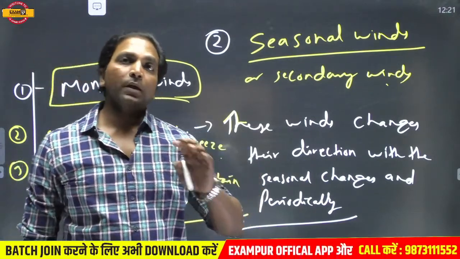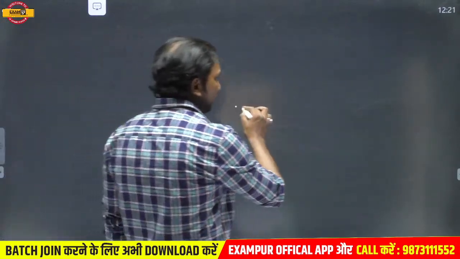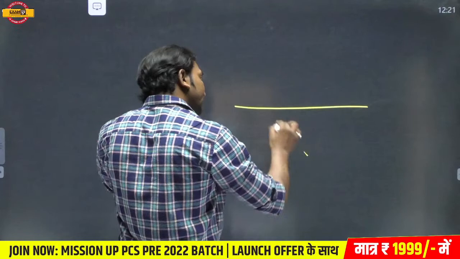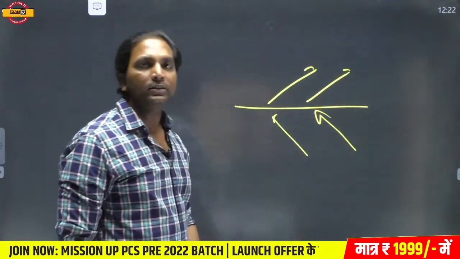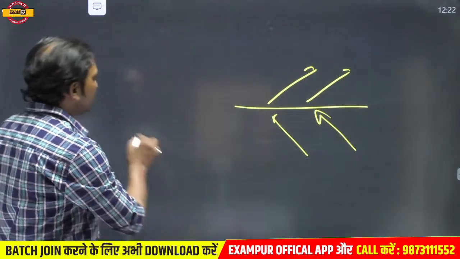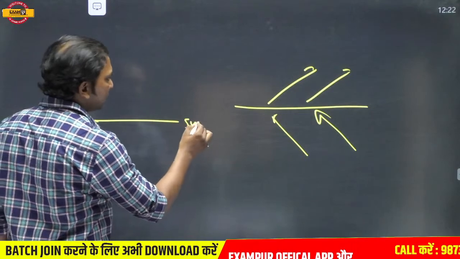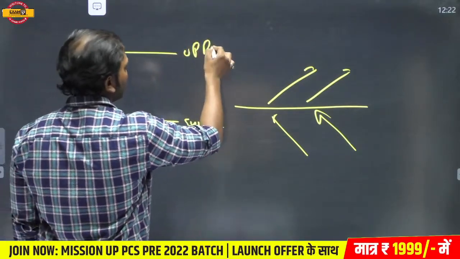In the origin of the monsoon, you see the seasonal changes of the directions of the winds and also the oceanic currents, and it occurs above the surface as well as in the upper troposphere also.